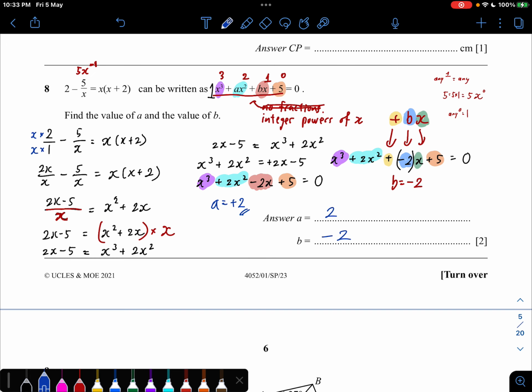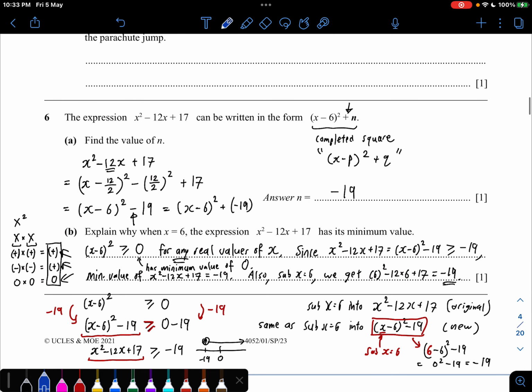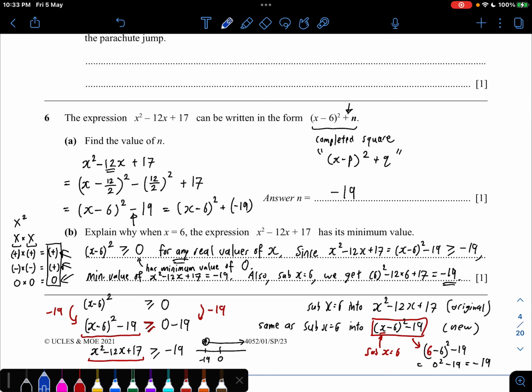It's similar to the previous question about the plus n. There's a plus sign here. They requested a plus sign over here, but there's a negative. You should rewrite it as a plus something. So maybe I'll color code. Purple is the plus sign, light blue is minus 19, the n.